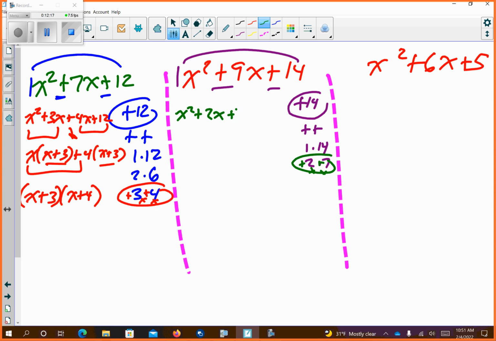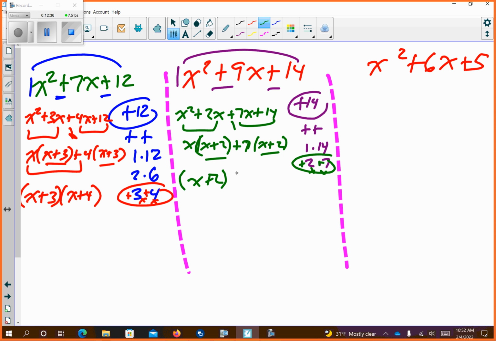Just make sure you keep the signs. Those are the same. And x plus 7. We good? Last one's for you to try later.